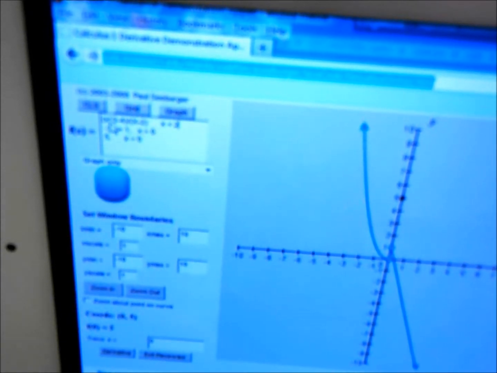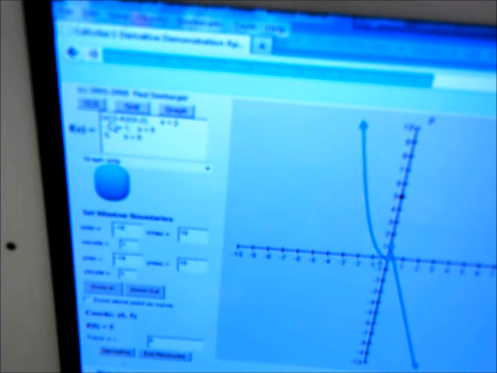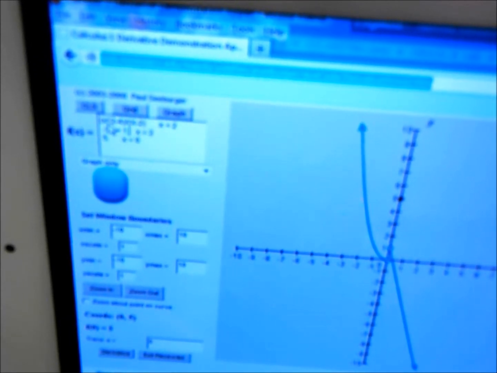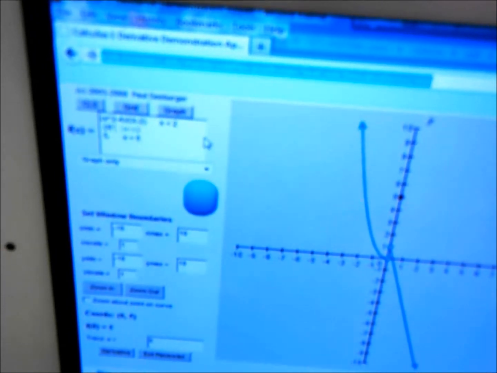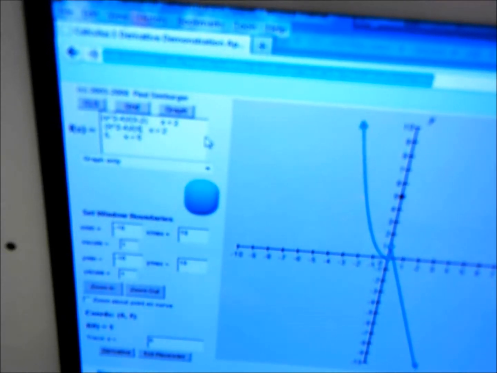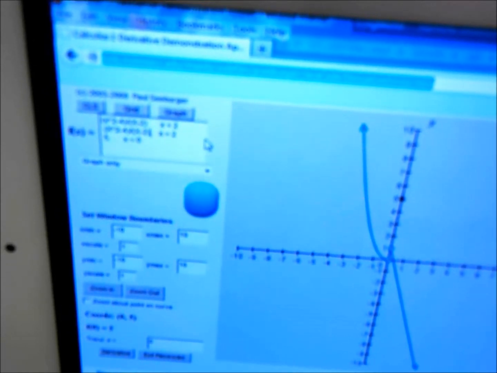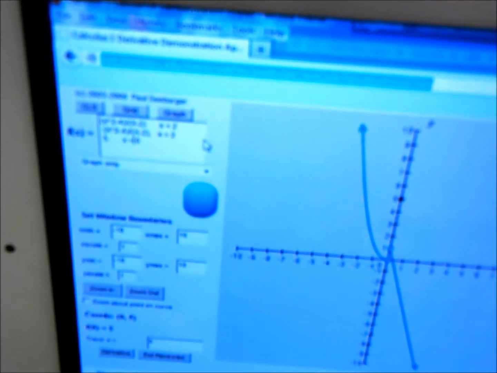And then I think I'm going to have to enter it again for x bigger than 2, because I don't think this has a not equal to option. So x squared minus 4 divided by x minus 2. And then that one would be 6.